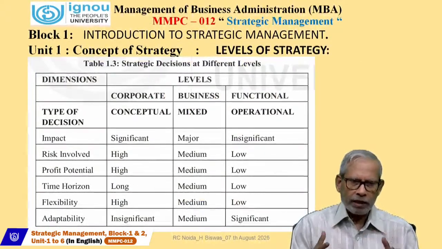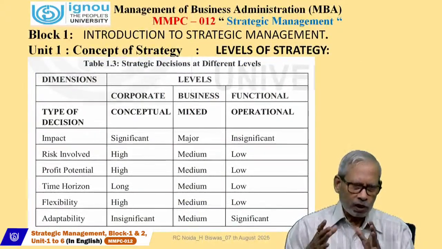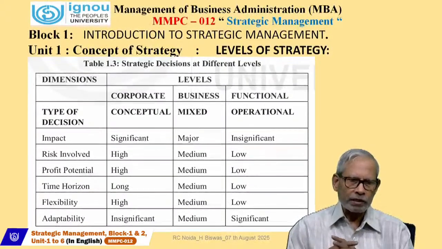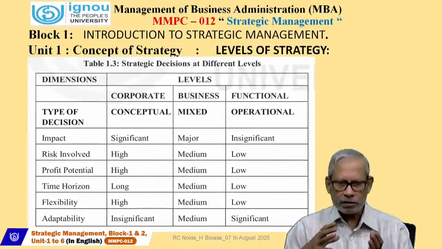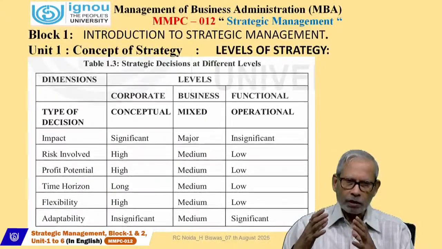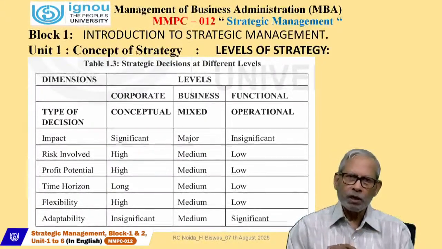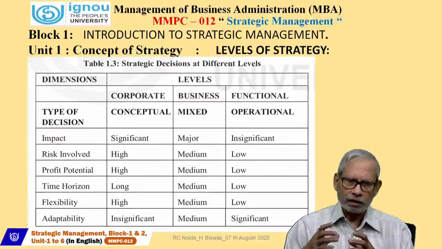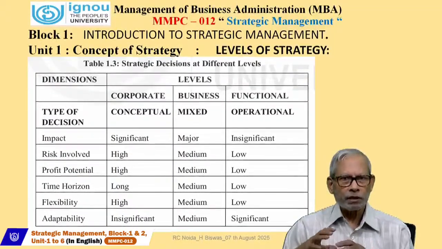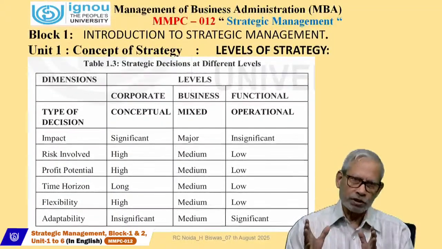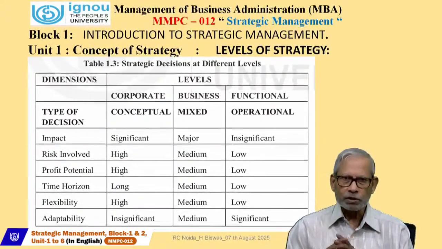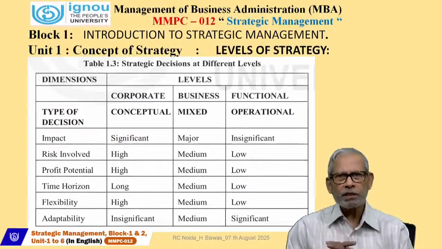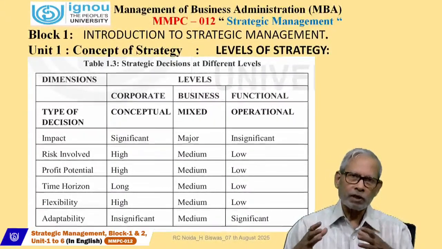Now again, the different levels and their significant points: the conceptual and the mixed operations. The business levels, for example, should have a mix, which means conceptual ideas should be there, and at the same time operational ideas should be there. Then they can give a good decision making process and good instructions. So they are basically the middle, working as an interface.